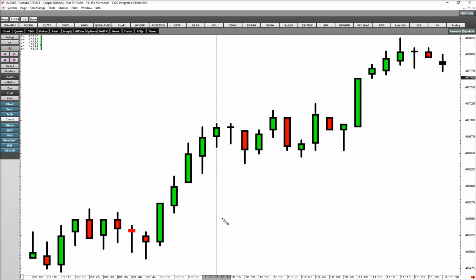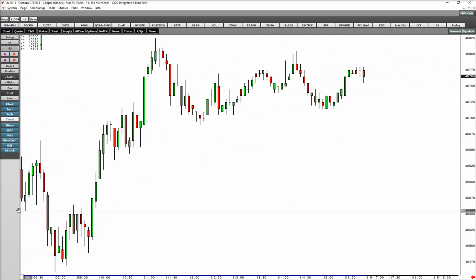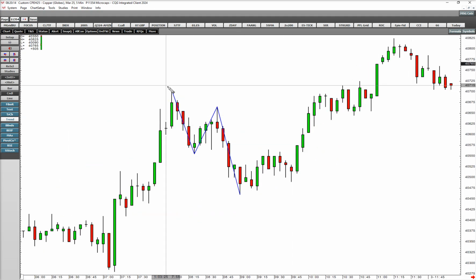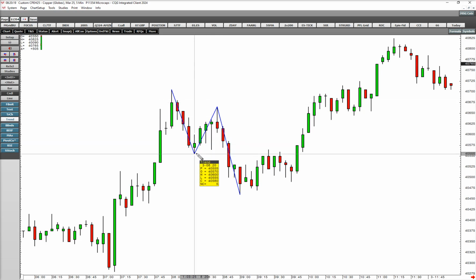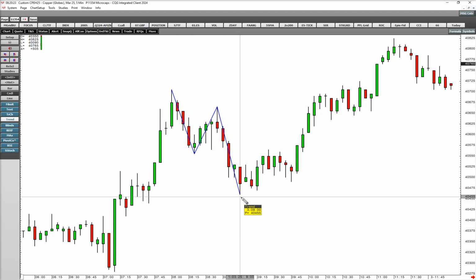If you were using a 5-minute chart, you had the exact same thing. This was an outside bar, so it continued, and it didn't take out the swing low, so it continues the uptrend. And that bar is also high to low. This bar is a little bit smaller.